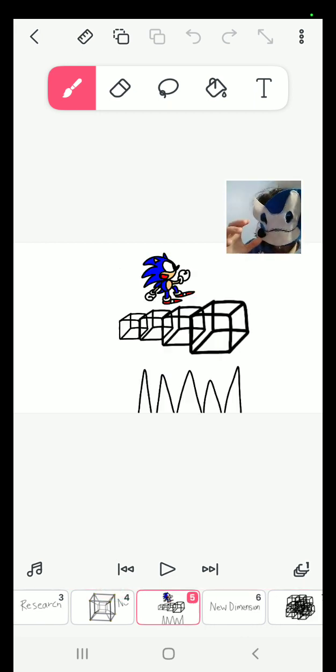Trying to use three-dimensional objects to depict the fourth dimension is kind of like creating a platform. It's Sonic, jump over. You have a cube there, a cube there, another cube there. They're not really doing anything.